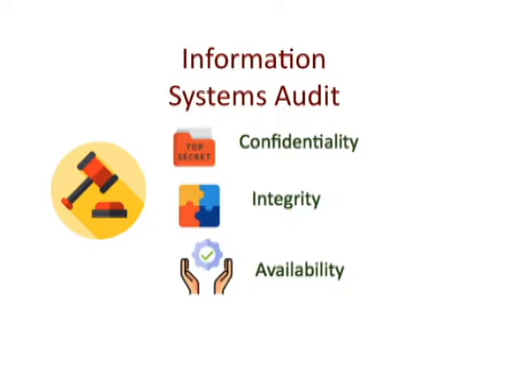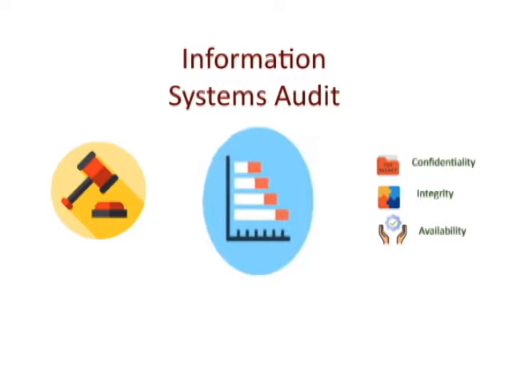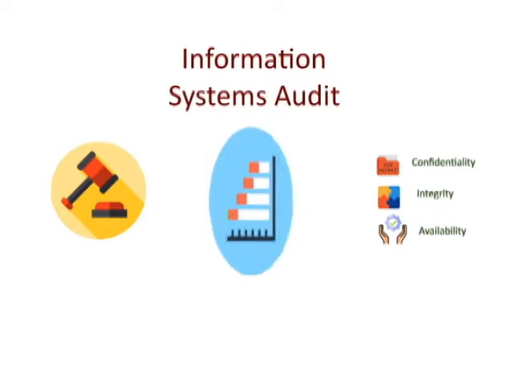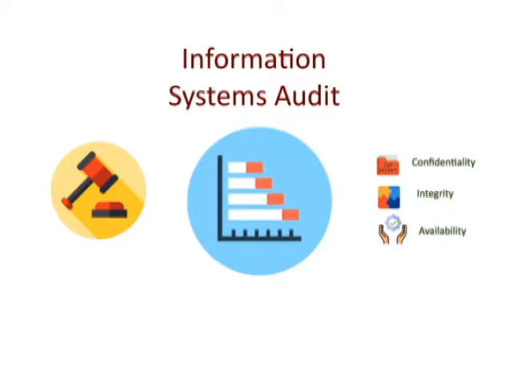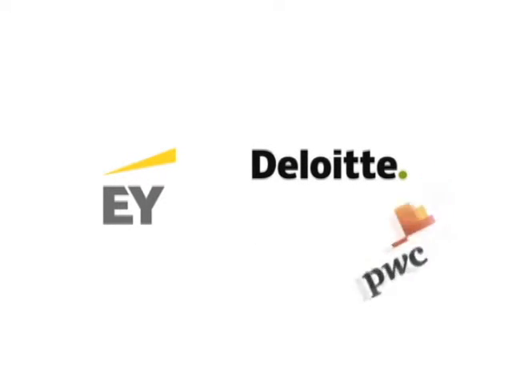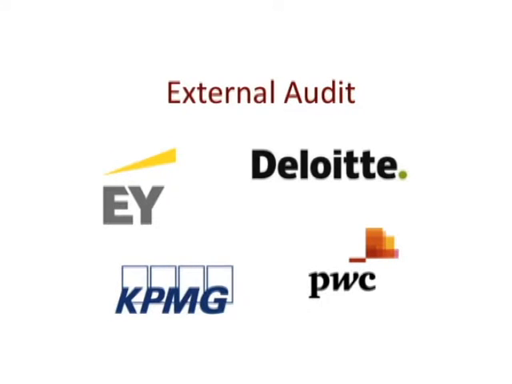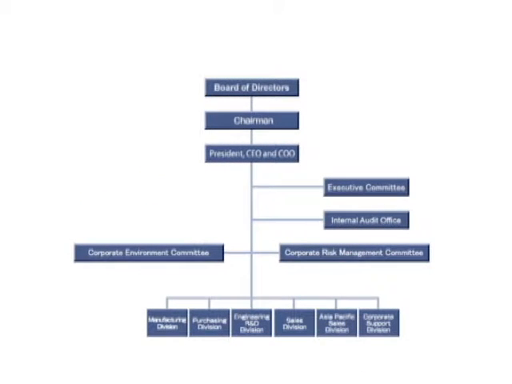Or it could even be to determine if the information system's operations are efficient and effective in reaching a certain level of performance. IS audit services can be provided by a firm external to the entity, external audit, or be part of an entity, internal audit. Here, we're going to focus on internal audit.